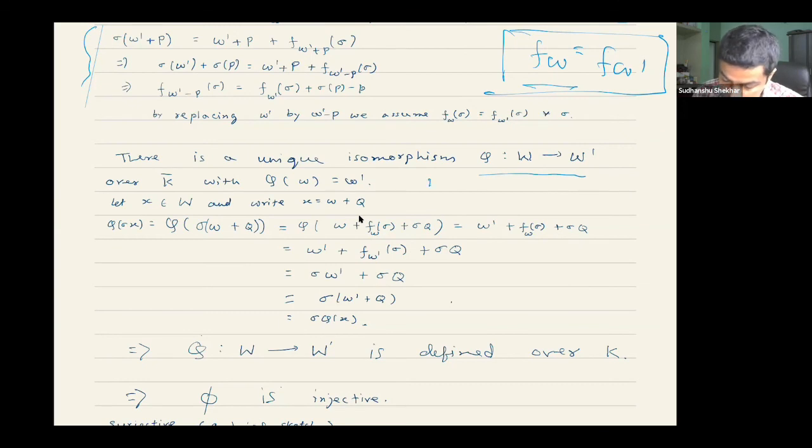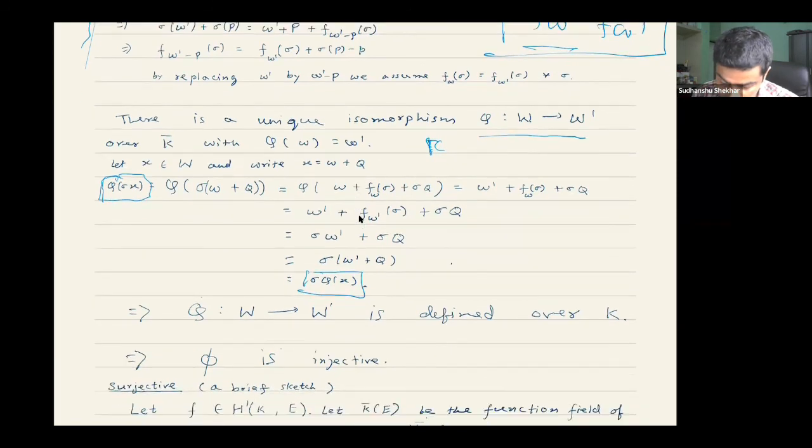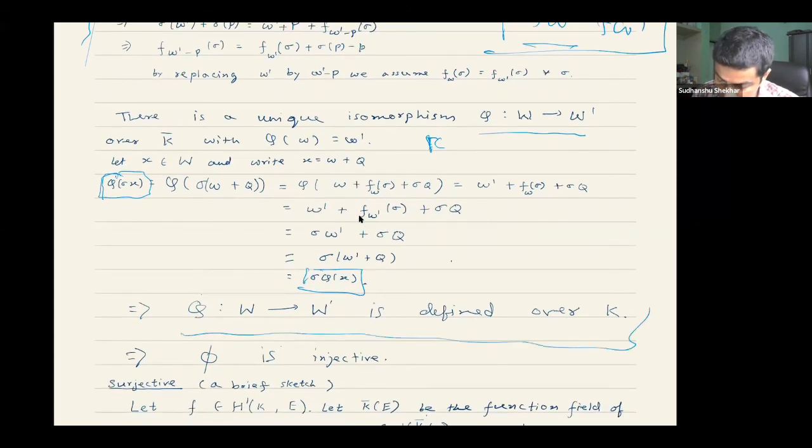This is happening over K̄, because over K̄ both are isomorphic to E. Later we show, by showing that φ(σx) = σ(φx), that these points we can choose over K itself, and therefore φ is actually defined over K itself. So this shows that W and W' are isomorphic over K. I have been a little sketchy here, but this essentially shows that the map is injective.